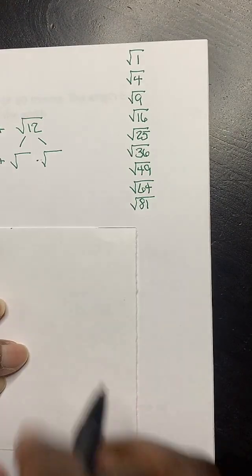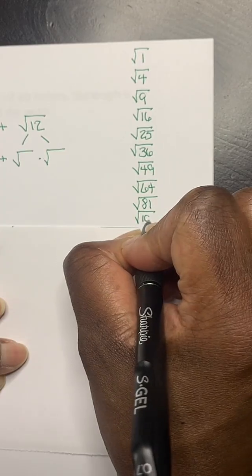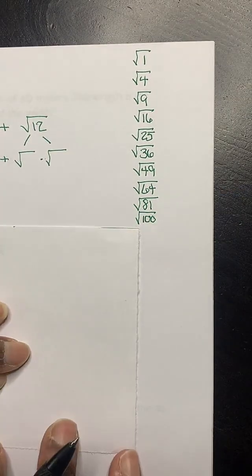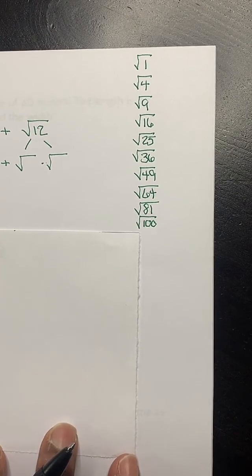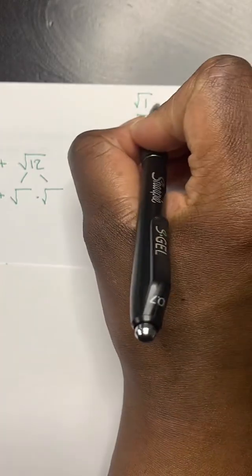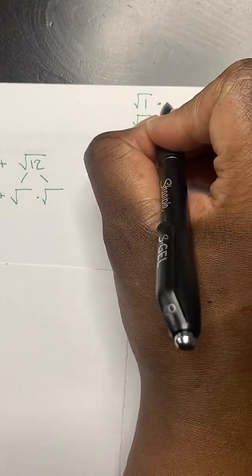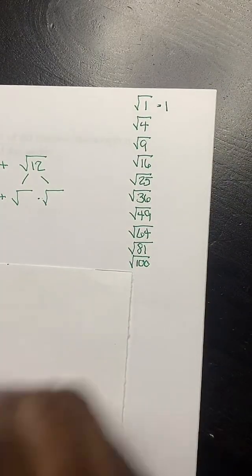Sometimes I get brain farts too. And we'll just stop at 100, even though we could go square root of 121 for 11, square root of 144. The reason why these are perfect is because I know there is a single number that if I squared it, it will give me a whole number.